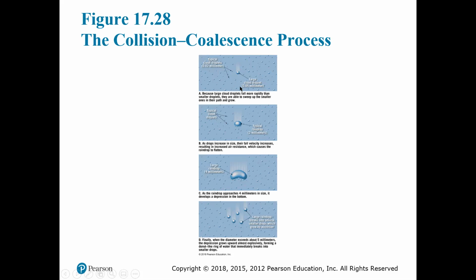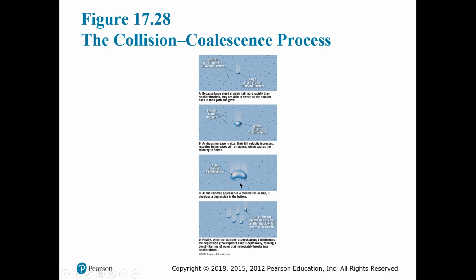Large cloud droplets are going to fall faster than smaller droplets. So as they fall, they're sweeping up the smaller ones into their path and continue to grow larger and larger. And so as they increase in size, their velocity increases, which means they pick up more droplets, but they start to become flat.